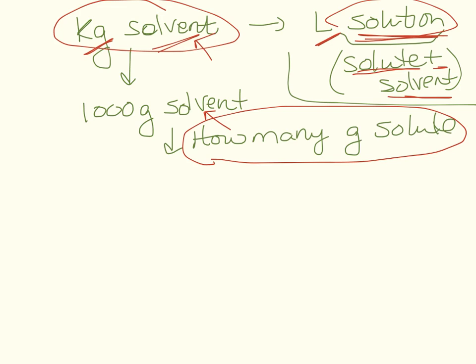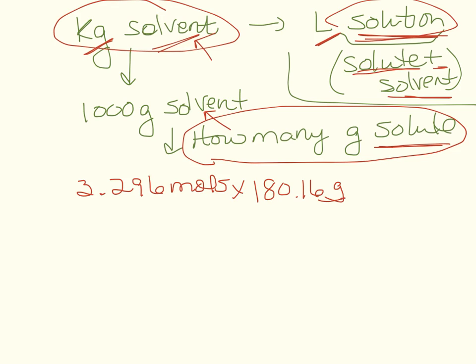So we don't have grams of solute directly, but we do have moles of solute. So the moles of solute, if you go back to the original molality they gave us, it was 3.296 moles of fructose times the molar mass, which is 180.16 grams per mole, and I gave that to you.